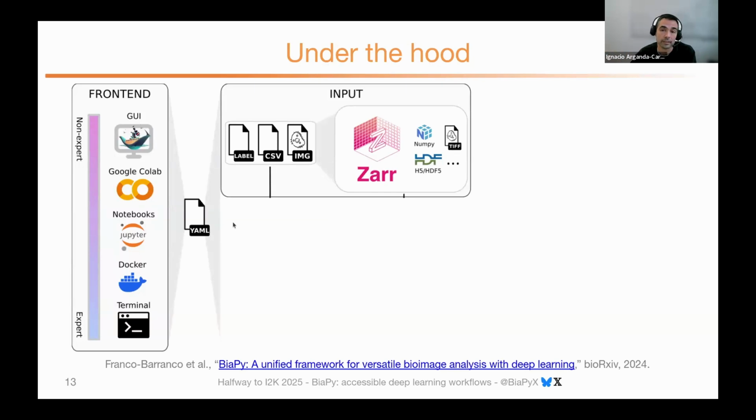And here, it is relevant to say that we support different typical formats, but very importantly, we support Zarr and H5 formats, which means that we can load into BiaPy datasets that are larger than the RAM memory of your computer. So we can actually scale these methods to very large datasets.